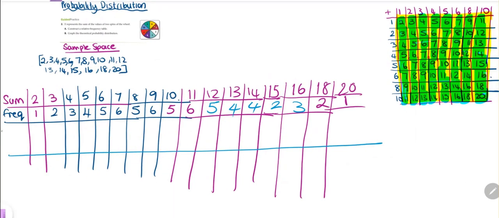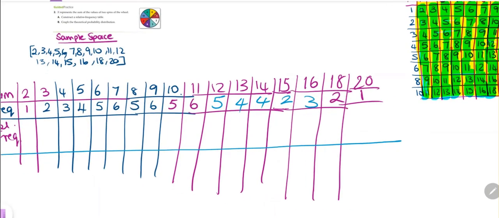So we're going to call this relative frequency, and this is out of 64. So 1 out of 64.